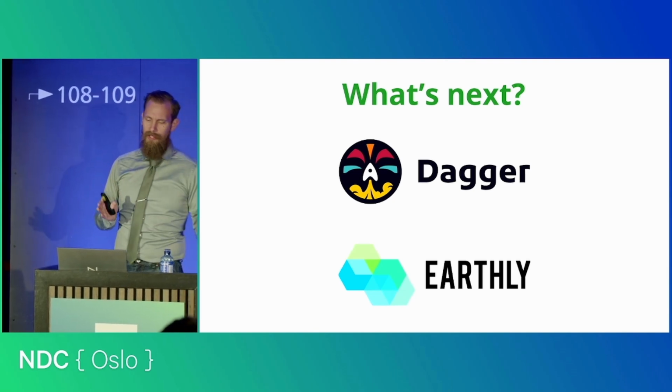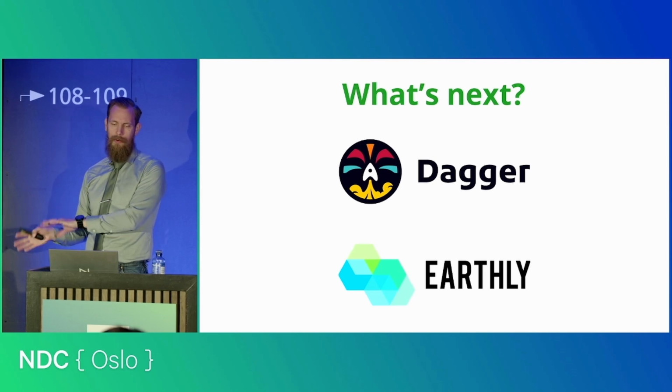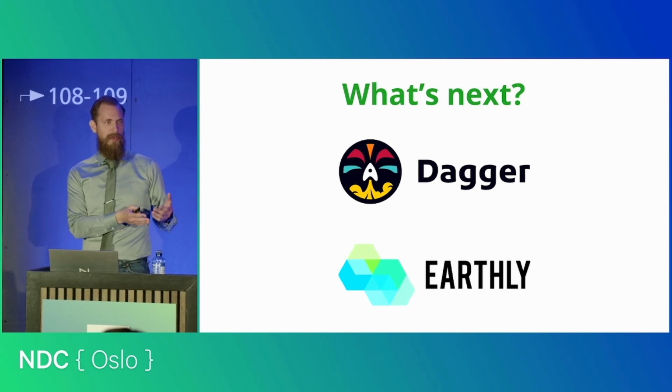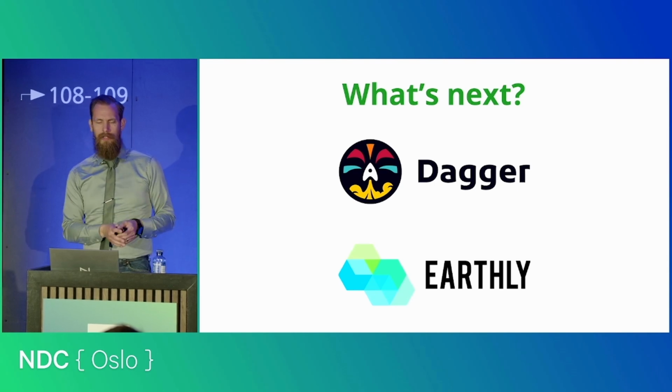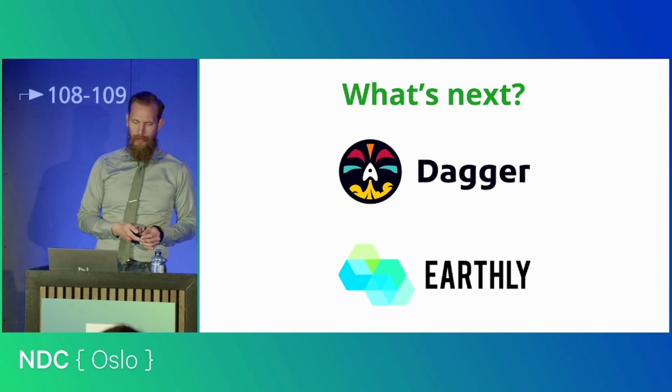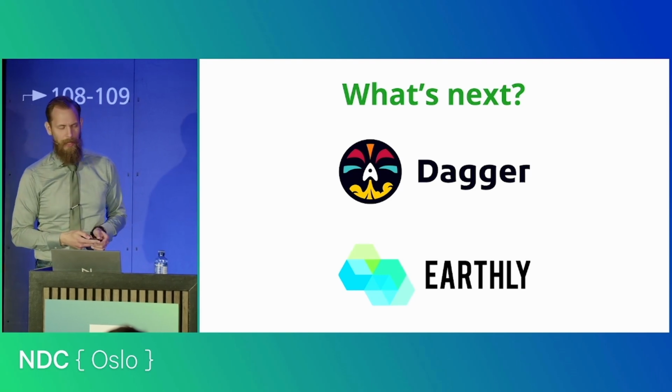So pick your poison. If you want new syntax, you go with Earthly. If you want to use programming languages, you go with Dagger. You just make sure you don't write a huge software project, because you do have access to a proper programming language. And I know what happens when programmers get access to programming languages.